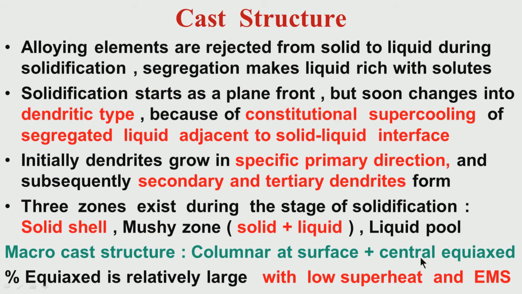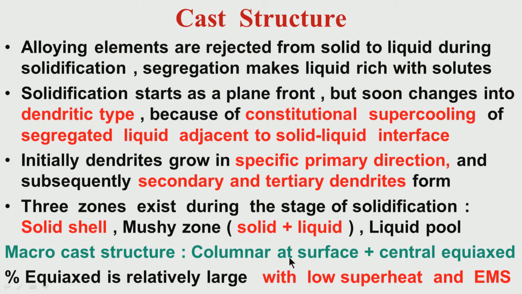Another thing is electromagnetic stirring. What is electromagnetic stirring? Normally when casting is taking place, the liquid steel is not stirred, it is stable, but you can stir the liquid steel using some stirrer during continuous casting. When the solidification has started but has not completed, there is some liquid.